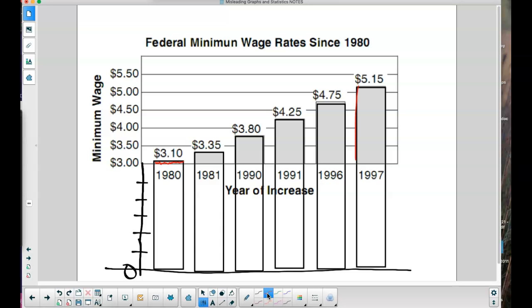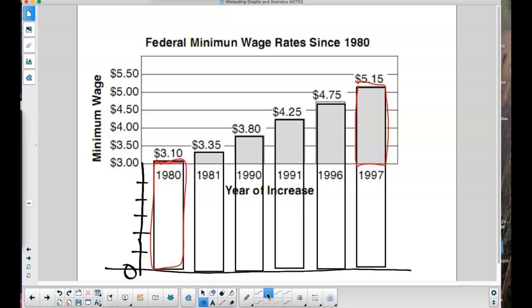It makes it look like by 1997, minimum wage really increased. Did it? No. It went up by $2.05. When you take this entire bar, now you can see that it didn't even quite double. Does that make sense to everybody?